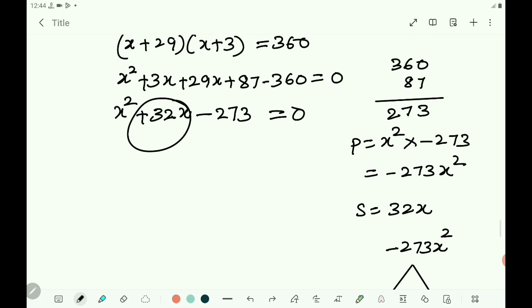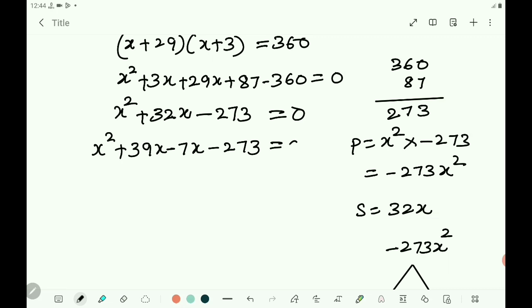Then you take x square plus 39x minus 7x minus 273 equals 0. And these two, x into x plus 39. Here the common is x. So remove x as a common.